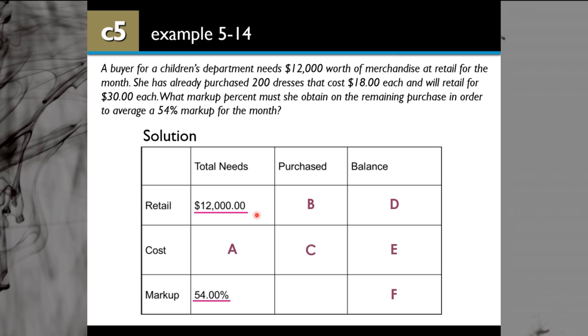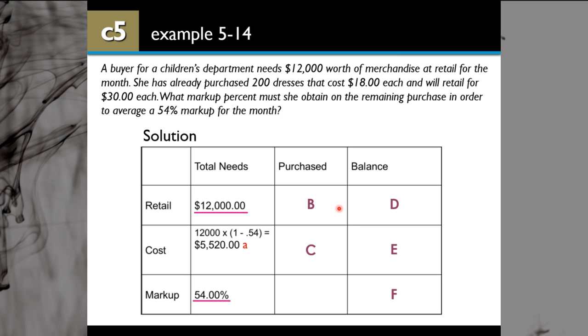So to calculate your total needs at cost, take your total needs at retail multiplied by your cost percentage, which you get from 100% minus your 54% markup. So 46% will be the cost percentage. If you multiply 12,000 by 46%, you will get 5,520 as your total needs at cost.